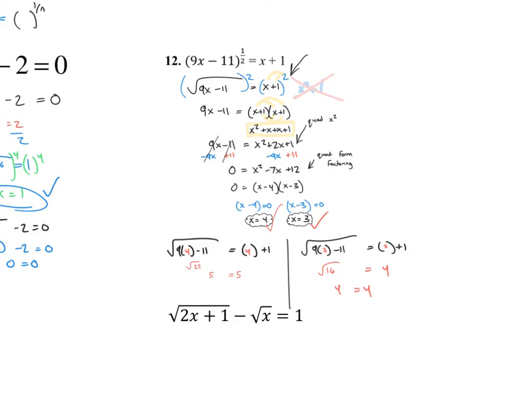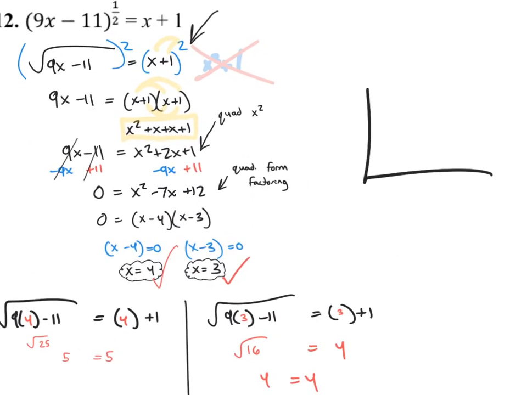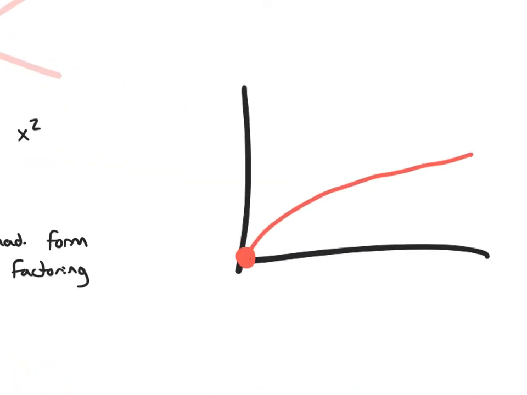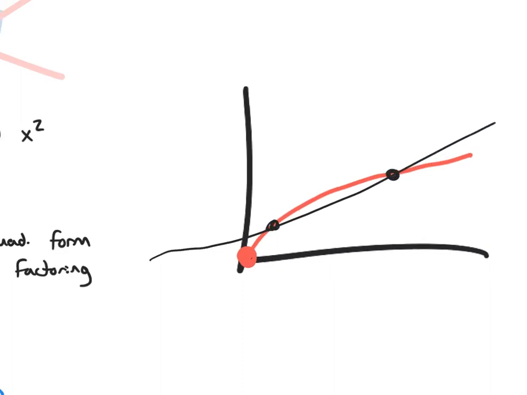And if you're wondering how that's possible, from a graphical standpoint, square root functions look like this. And what we had it set equal to here initially was linear, a line. And it's certainly possible to draw a line that crosses this guy 2 times.